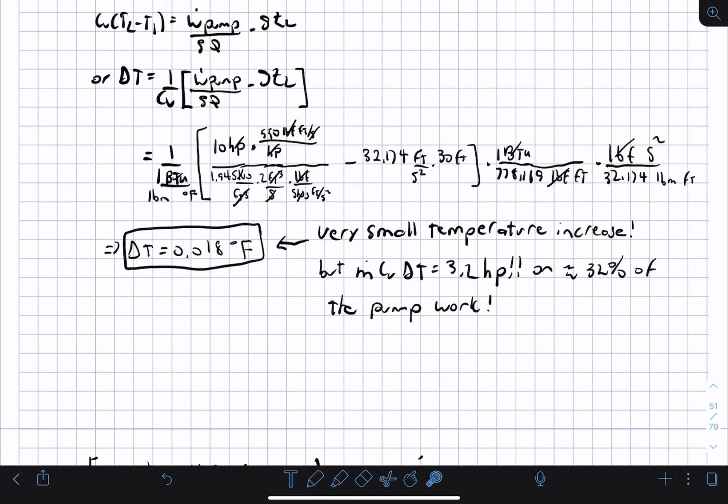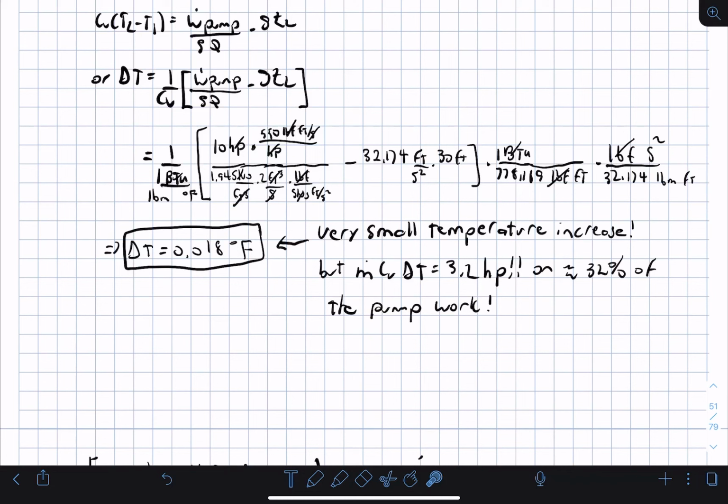But if you calculate m dot Cv times delta T, you get 3.2 horsepower, which is the exact amount of our Q dot loss term. So even though there is a very modest rise in temperature, it is still 32% of the pumping work. Okay, and that's just due to the enormous density of water.